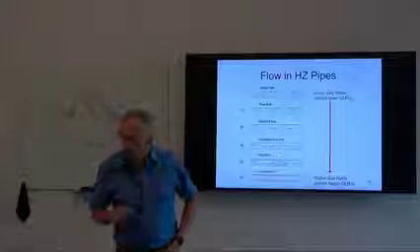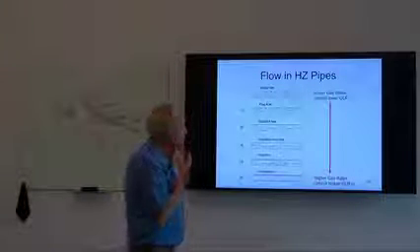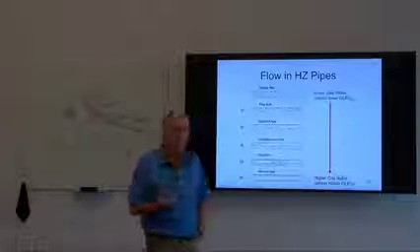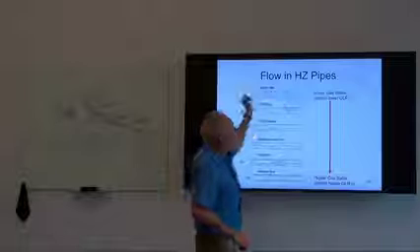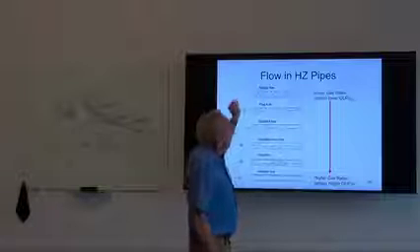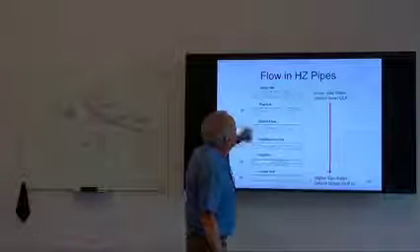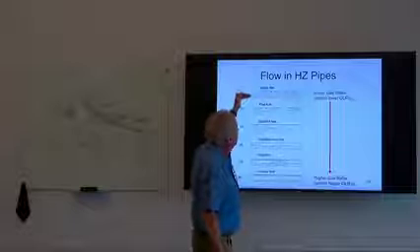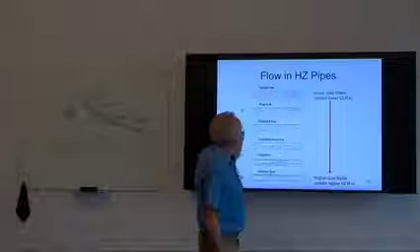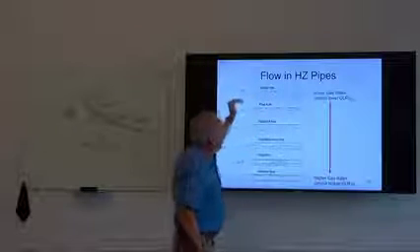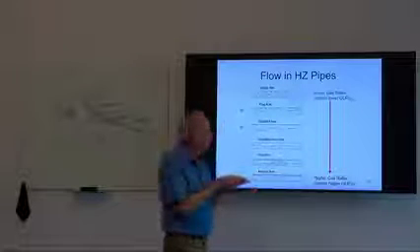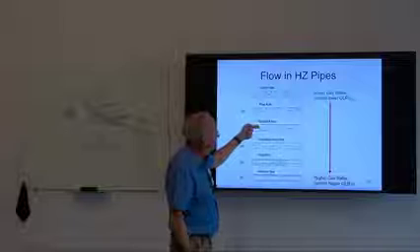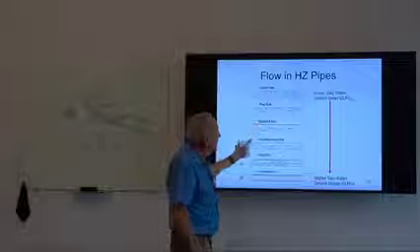Just going to touch on flow in horizontal pipes here for a moment. We'll talk a little bit about the impact of inclined tubing as well. So at low gas rates, or low GLRs, we would expect conditions such as dispersed bubble flow, plug flow, what they call stratified flow, where there's a separation between the gas and the liquid layer.